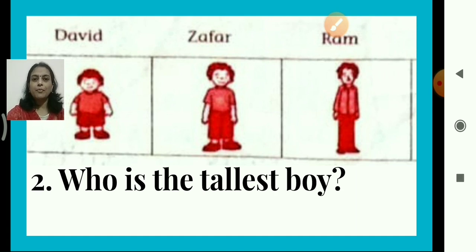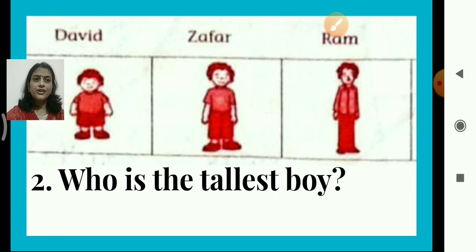So again we are comparing three boys with each other. So who is the tallest here? Is it David? No, because he is the shortest one, right? We already got the answer. Then is it Zafar or Ram between these two? But we have to compare between all the three, so we have to consider David also here.